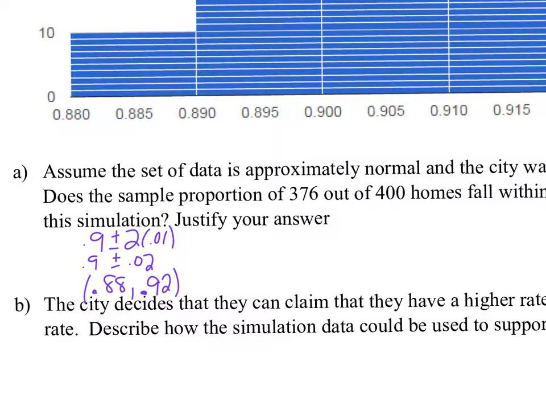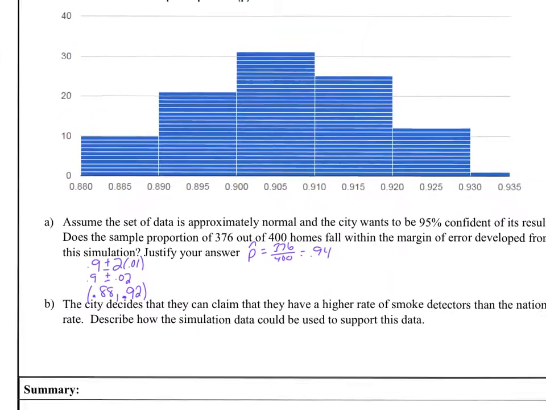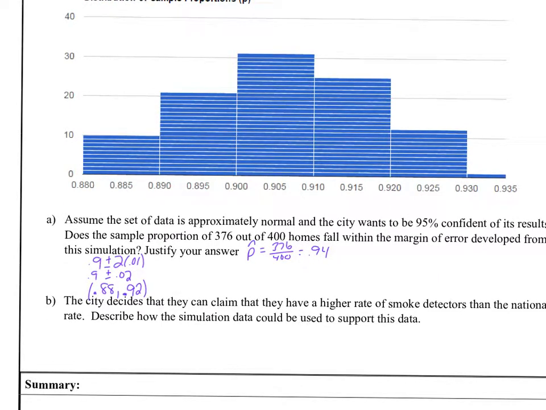So our p hat, which is our sample proportion, we'll be talking more about that next class, but just for now you can trust me on that. P hat is what we use for our sample proportion, and it is going to equal 0.94. So now the question is, is 0.94 in the interval? Well, the obvious answer there is no, it's not. 0.94 is way over here.